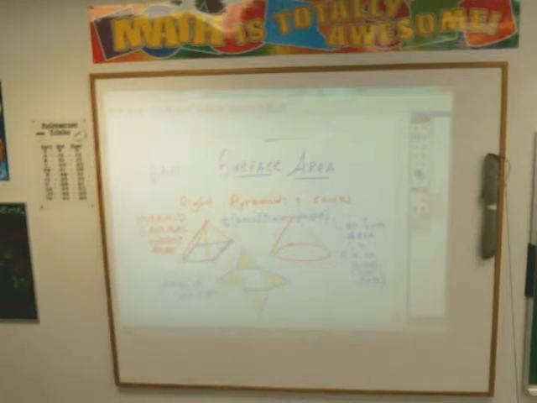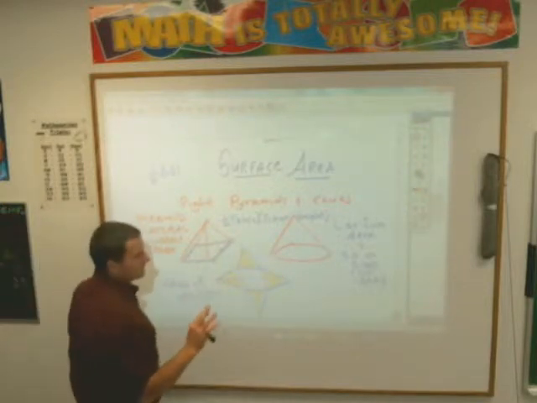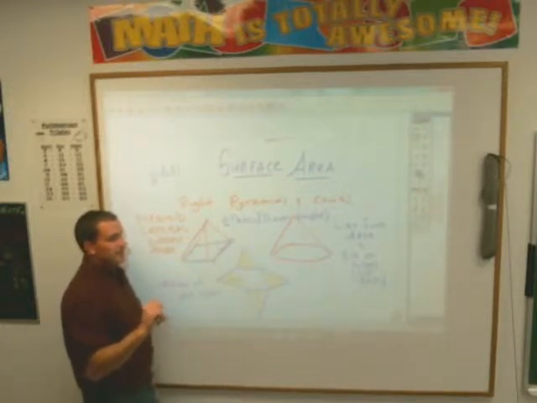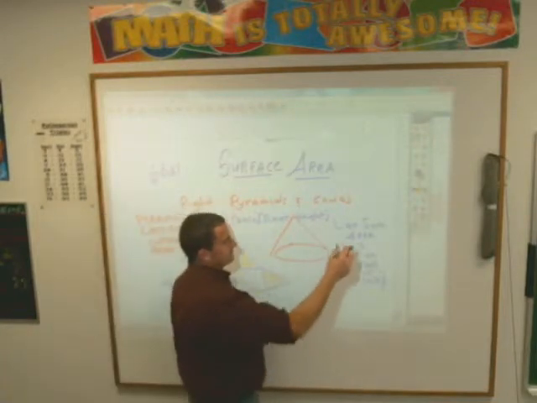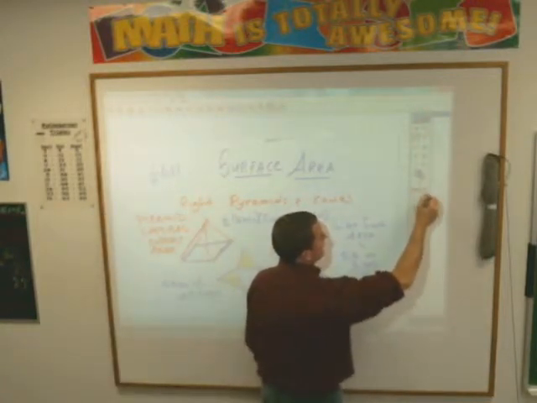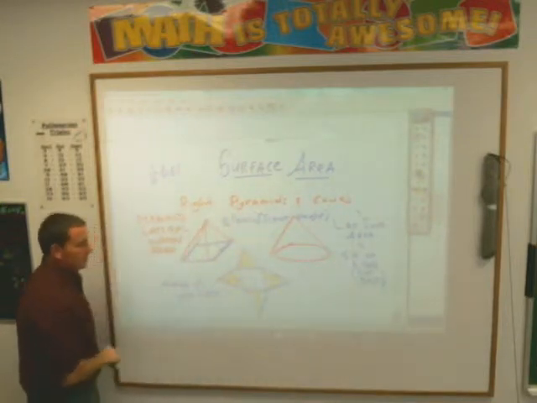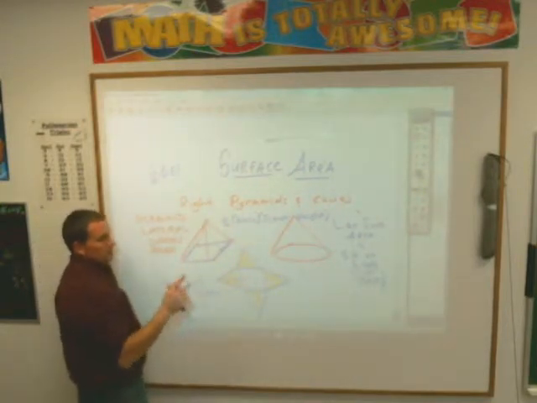But there'd be a much quicker way to do that. Anybody know what that much quicker way would be? Rather than doing that 4 times, I can just do what else? Times what? Times side number, base side.